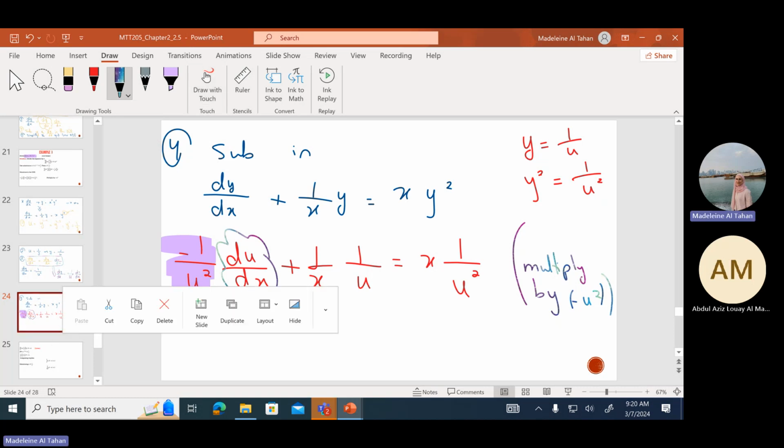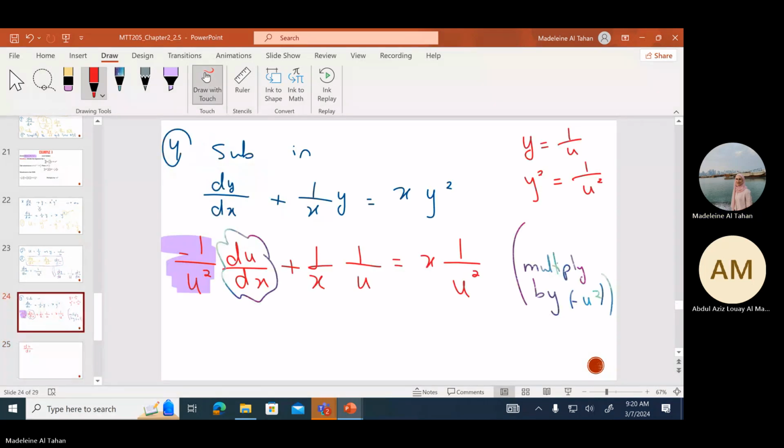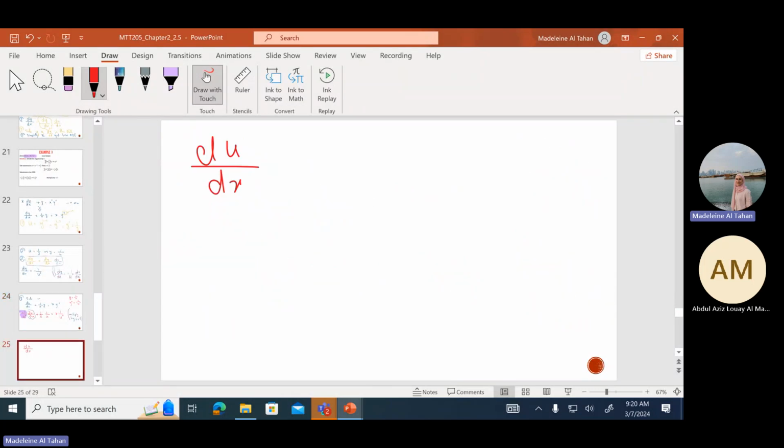What will we get now after we multiply? We will get du by dx. 1 over x stays the same, right? We multiply by negative, which means negative 1 over x.